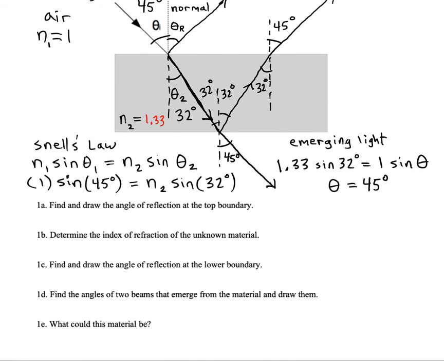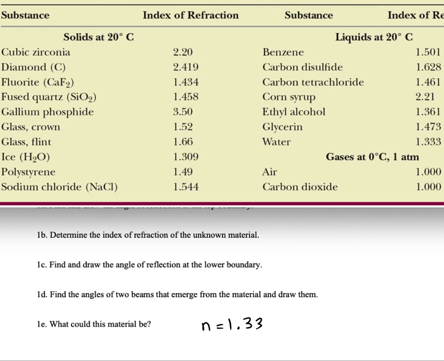We'd also like to guess at what this material could be. We can use the index of refraction to make that guess. So I would go to reference tables. Here's a table of some common indices of refraction. And we can see that ice and water are certainly in the range of possibilities.